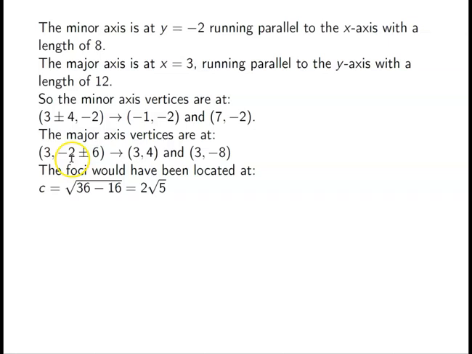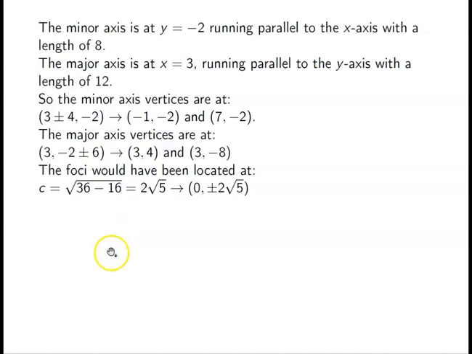So I'm at (3, -2), and I have to move up or down, because remember, the foci are on the major axis. And my major axis runs along x equals 3. It would have been at (0, plus or minus 2 root 5), but since I'm starting from (3, -2) and I need to move up or down, I move along the y values.